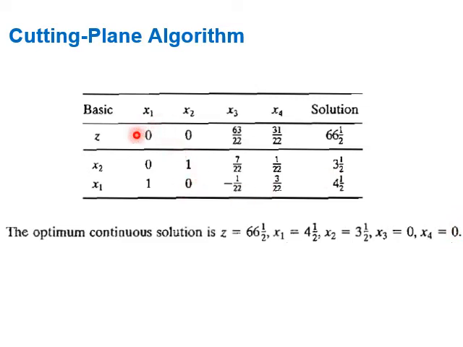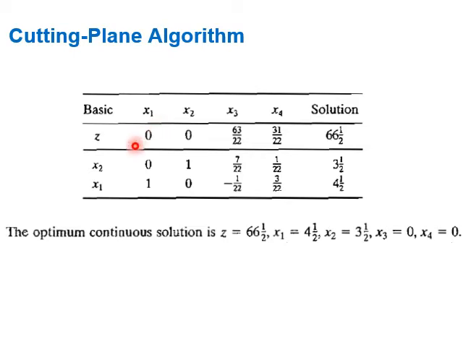The coefficients of the constraints are these numbers here: the coefficient of x1, x2, x3 and x4, and this is the right hand side. For each one of these coefficients, we represent them as an integer plus a non-negative fraction. This second part is important, non-negative fraction. And we learned how to do it last time.